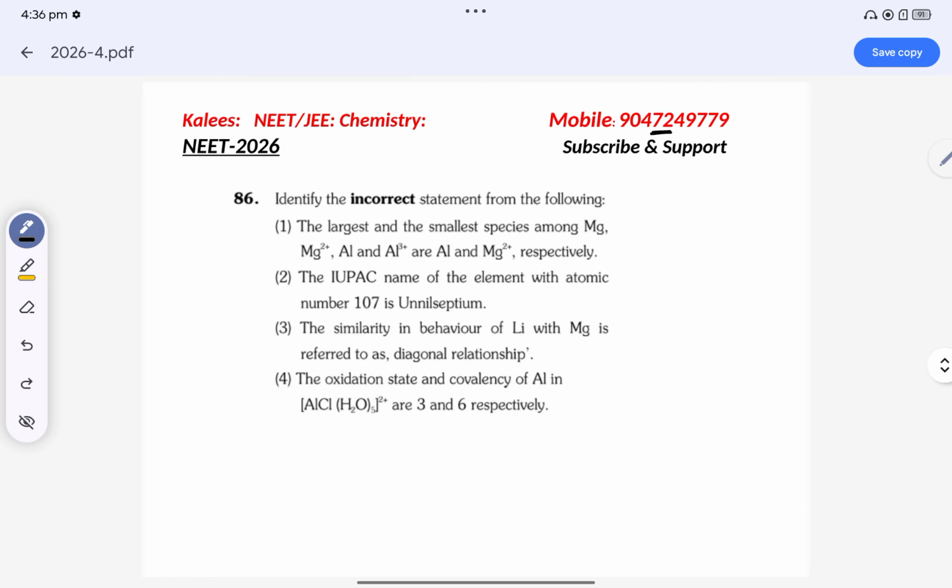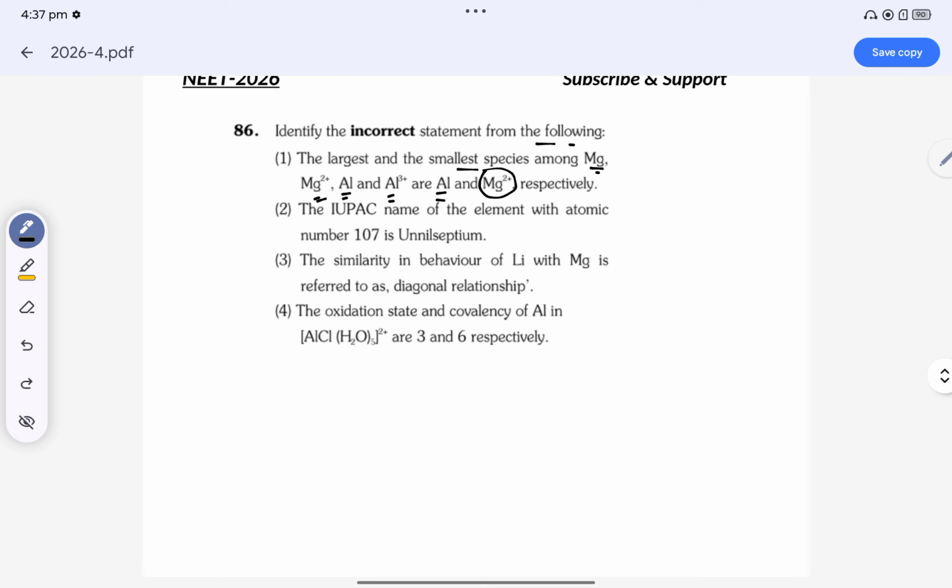Here, identify the incorrect statement from the following. The largest and smallest species among Mg2+ and Al3+: the largest species is given as aluminium and the smallest species is given as magnesium 2+. We have to check. Magnesium is present in the alkaline earth metals, atomic number 12. Aluminium is 13.